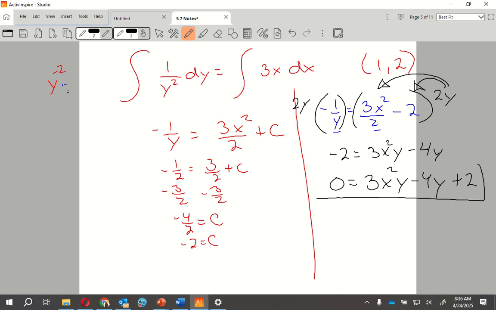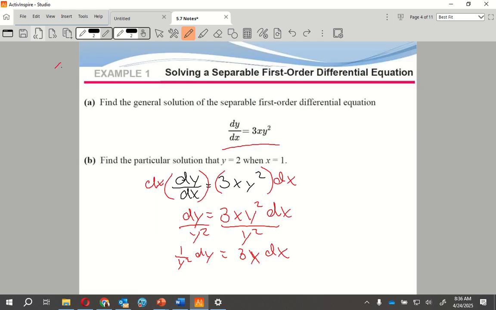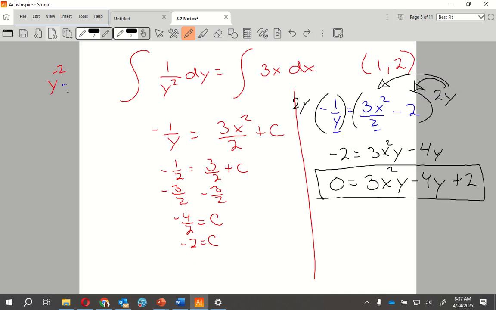This is called my particular solution. A particular solution is a solution that gives you a coordinate that gives you only one line off of that.